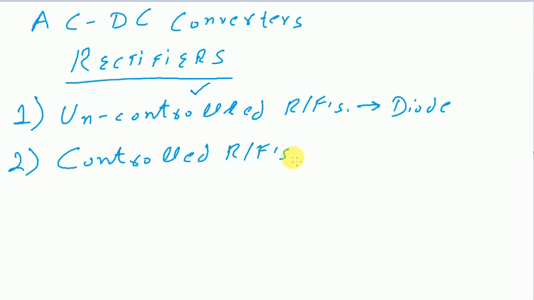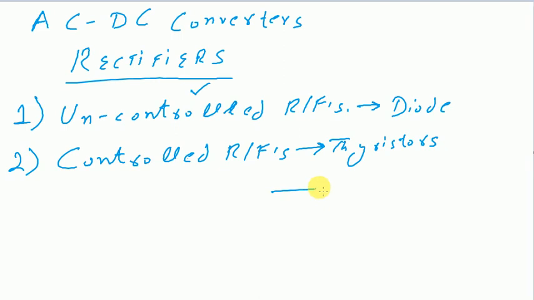While in the case of controlled rectifiers that we'll be having here, instead of diodes we'll be employing thyristors. We know that these are devices which operate similar to the way a diode operates. The only difference is that we have an external control pin available in the case of thyristors, and with the help of that control pin we can control the turn on and turn off of this thyristor.